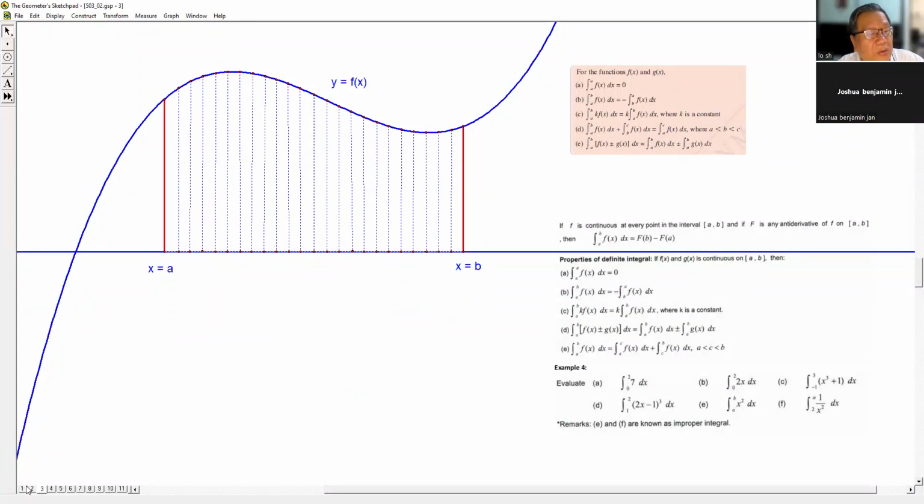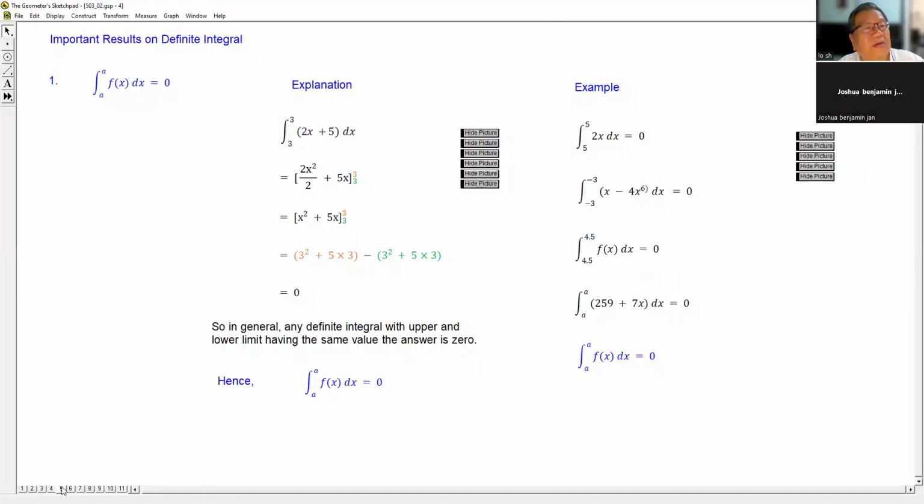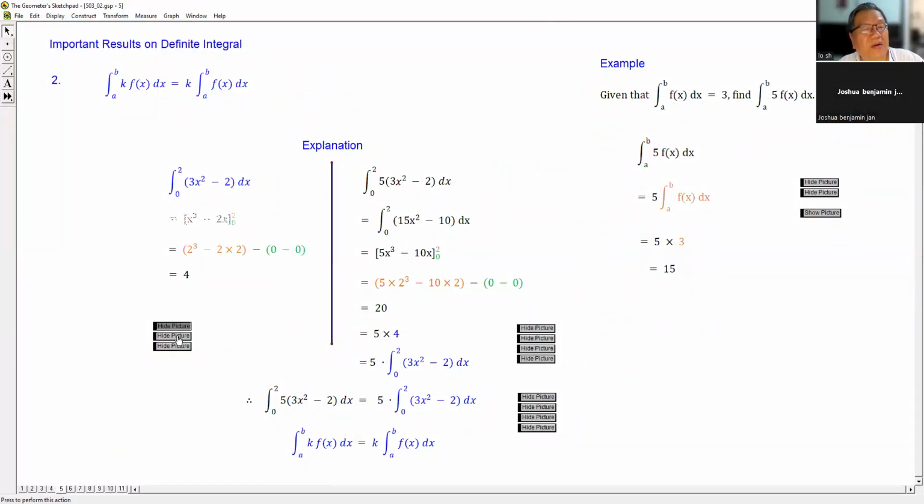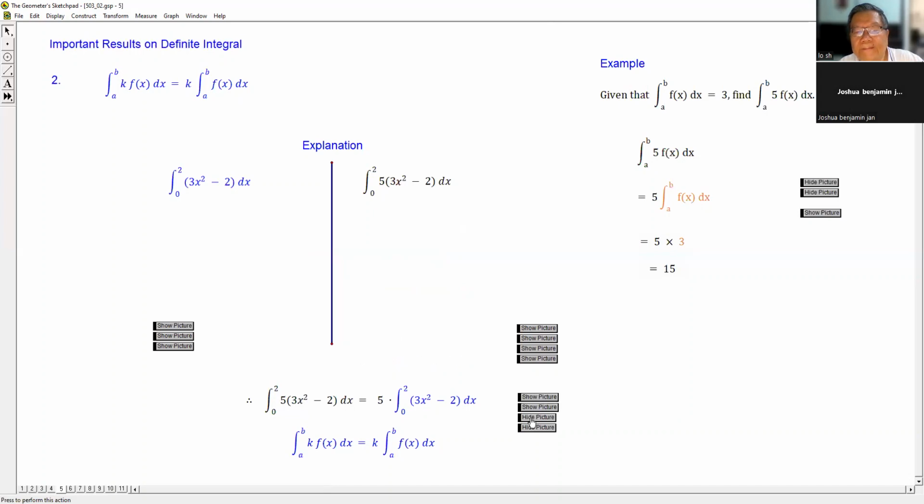Very small, so I make it bigger here. Let's say I want to integrate from a to b.